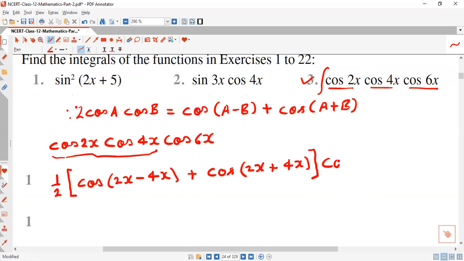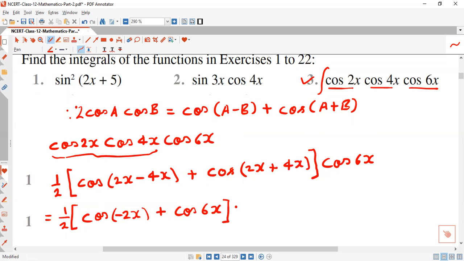And now we multiply by cos 6x. So this becomes half of cos(minus 2x) plus cos 6x, and this is multiplied by cos 6x.